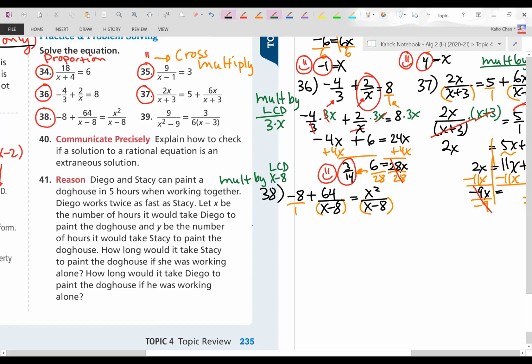Negative 8 is first, times x minus 8 in the numerator only. Plus 64 is next, times x minus 8 on the top. So that equals x squared times x minus 8 in the numerator. Things cancel, don't they?